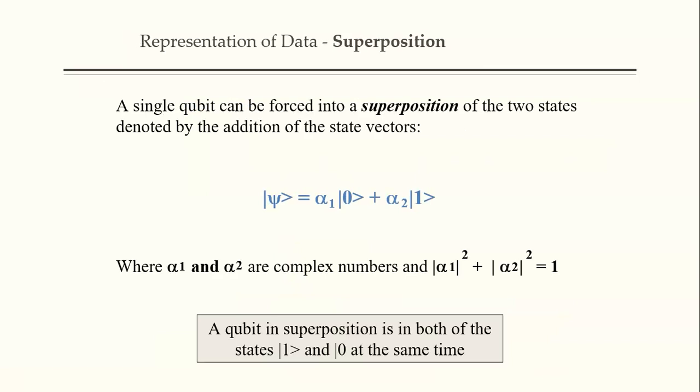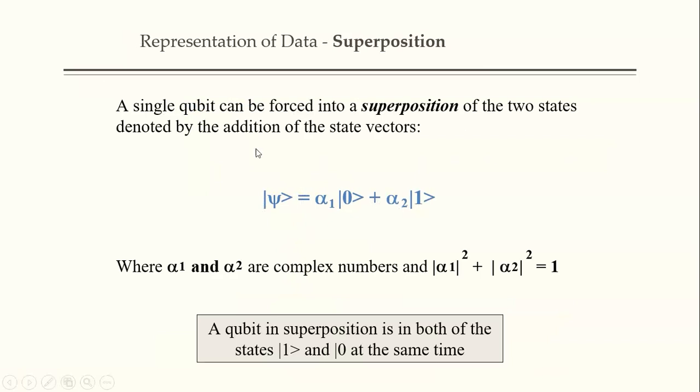This is the superposition, an important thing in quantum computing. We all should know this psi gate. This is the important term in quantum computing, superposition, which will be |psi> = alpha 1 |0> + alpha 2 |1>.